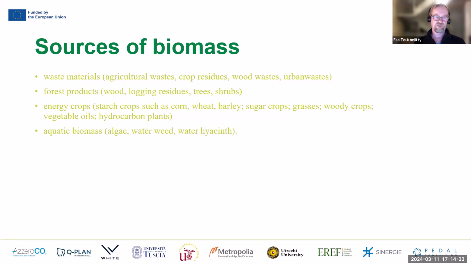So where can you find this biomass? And this is in relation to fuel production. Of course we prefer to use some waste materials. So agriculture waste, crop residue, also pulp and paper industry waste, or also in some cases the municipal waste or urban waste material.